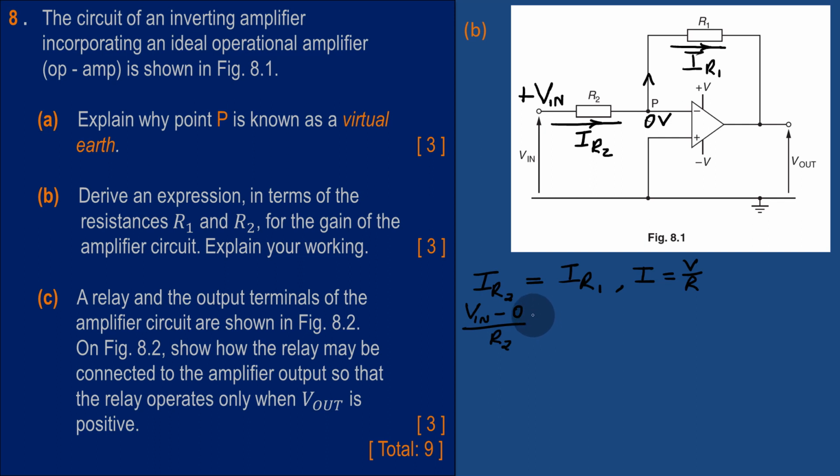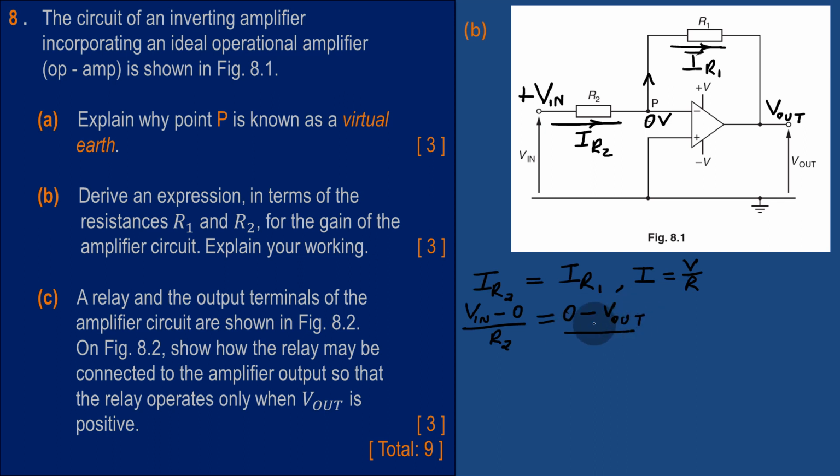That one is very important. And this one is equal to IR1, the current through R1. Now current is flowing from this point which is at 0 potential, so 0 must be higher than the potential at this other point here, which is V out. The potential at this point is V out. So the potential across R1 is 0 minus V out.